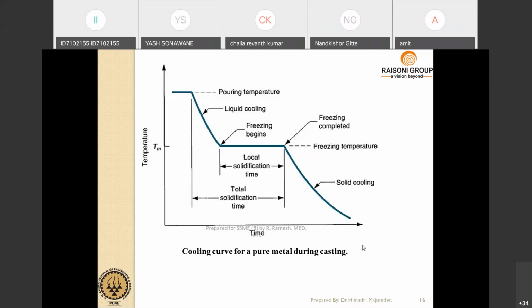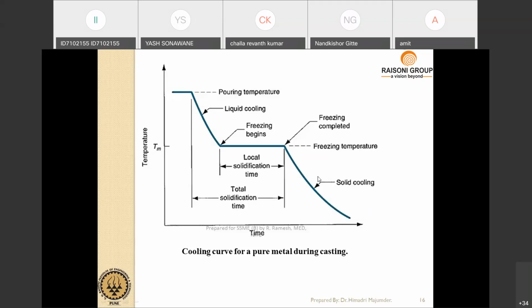So all of you understood this? Anyone having any doubt in this graph? All of you draw this graph and point out all these points: pouring temperature, liquid cooling, freezing begins, local solidification time, total solidification time, freezing completed, freezing temperature, solid cooling.